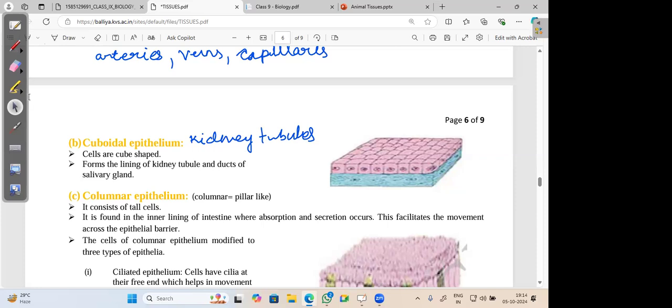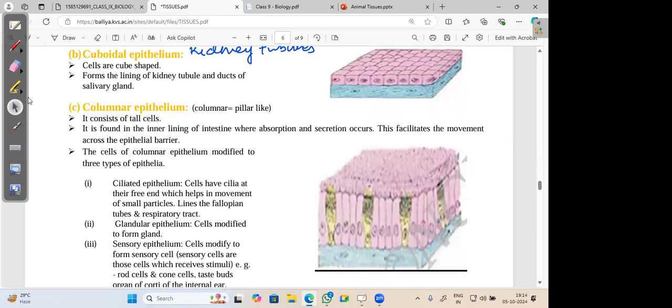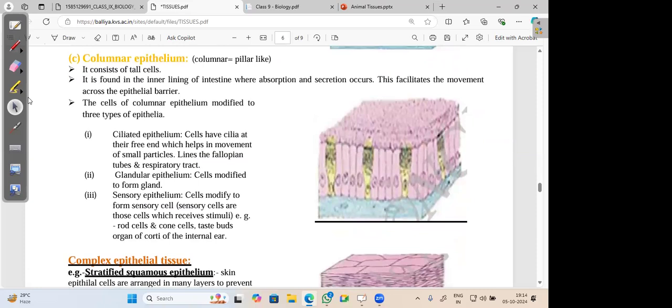Now the columnar epithelium. The cells are pillar-like here, and these pillar-like cells have different functions. Somewhere they are required for absorption, somewhere for secretion, and at some places as a sensory epithelium.